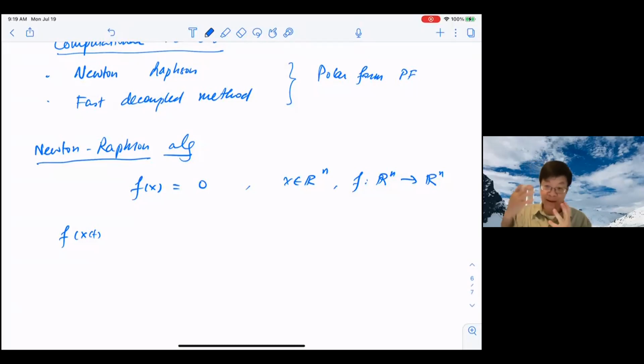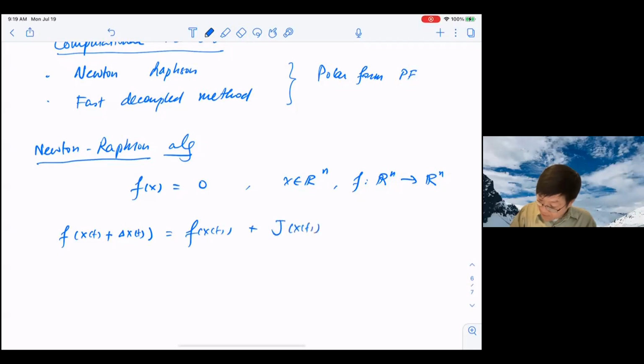And the idea is that I'm at x_t, I look at my f, and I do a Taylor expansion to move from x_t to x_t plus delta x_t. So this delta x_t is what I want to determine, because if I know the delta, then I know where my next point is, which is x_t plus delta x_t. So the expansion is f of x_t plus the Jacobian evaluated at x_t times the vector delta x_t, plus higher order terms.